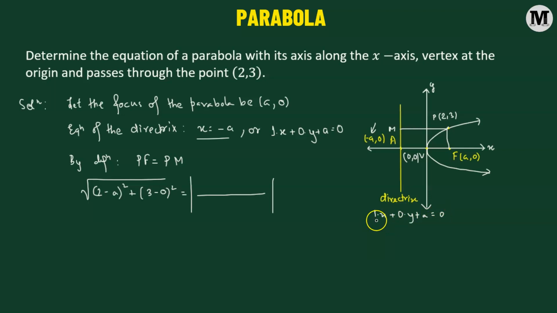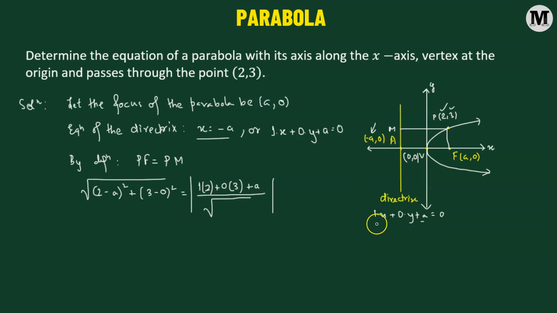We start with the coefficient of x, which is 1. It gets multiplied with the x coordinate of point P, so 1 times 2. Added to that, we take the coefficient of y, which is 0, multiplied by the y coordinate of point P, which is 3. And then we add the constant term, which is a.